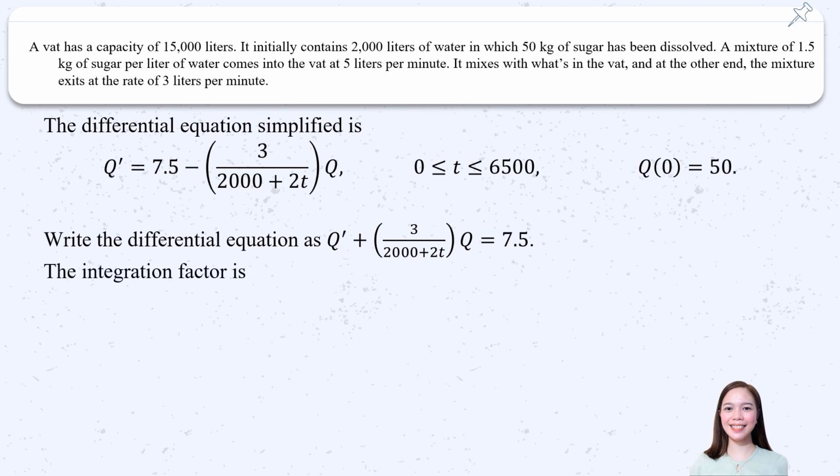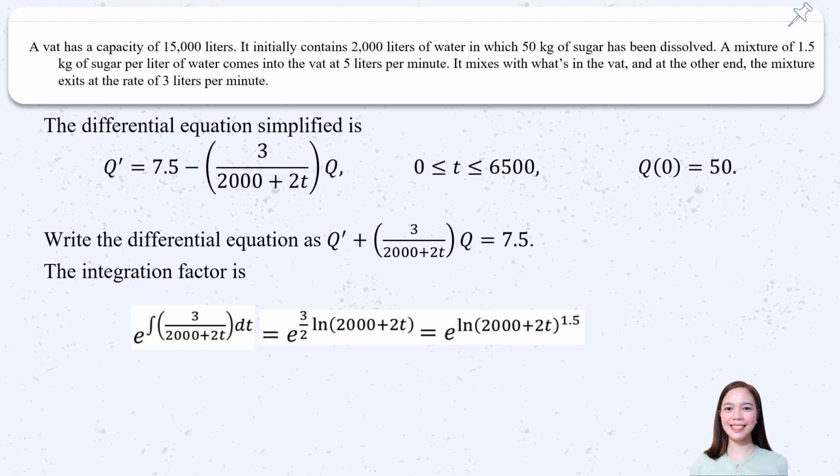The integrating factor is e raised to the integral of 3 over (2000 + 2t) dt, which is equal to e raised to 3/2 ln(2000 + 2t), which is equal to e raised to ln of (2000 + 2t) raised to 1.5, which is equal to (2000 + 2t) raised to 1.5.